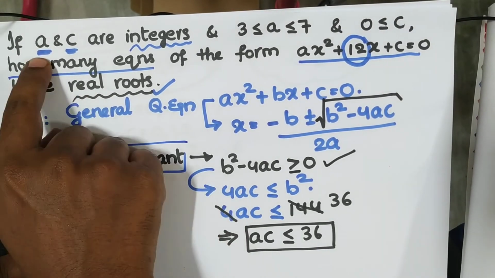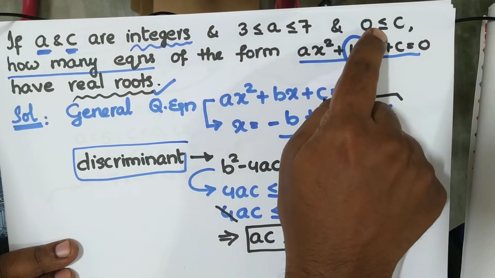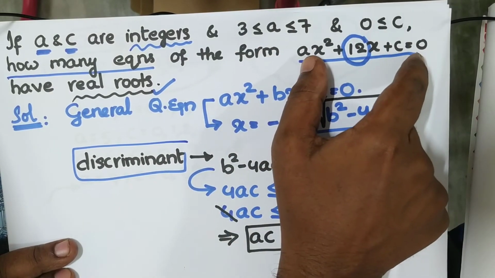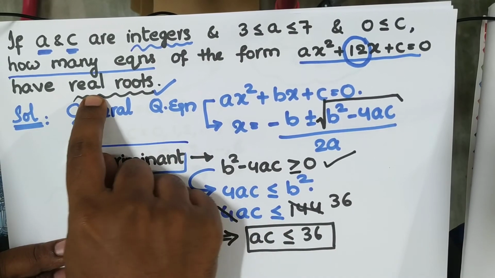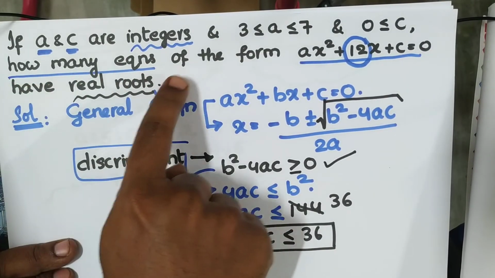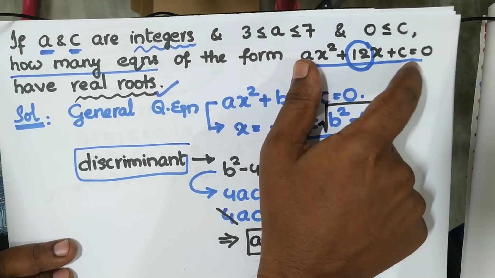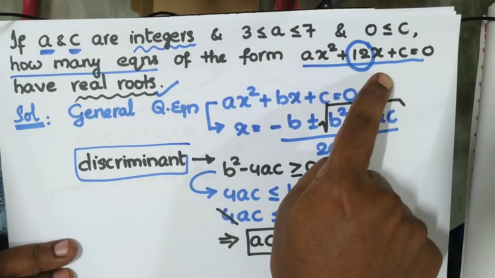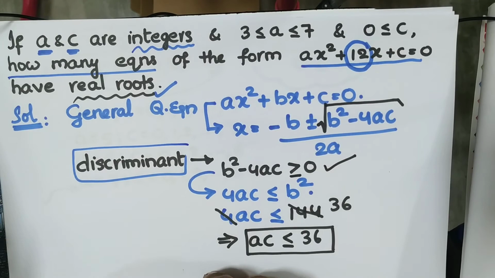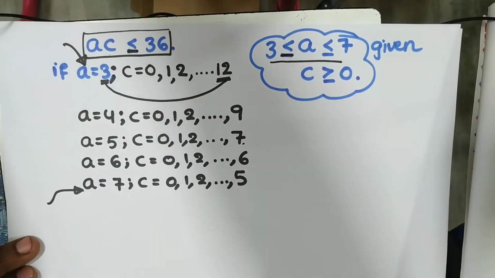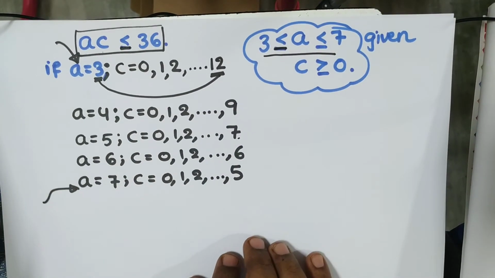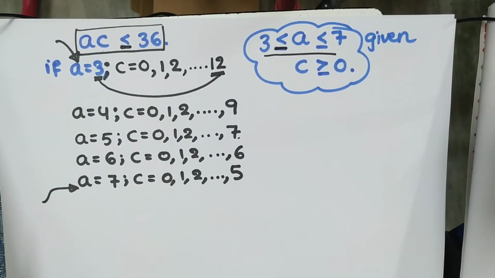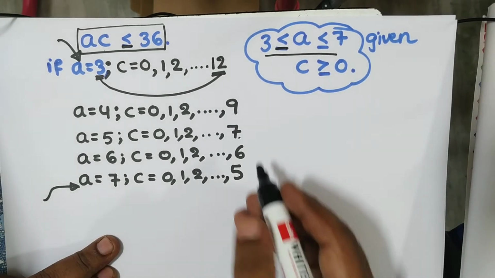A and C are integers, and A and C are like this, and given a quadratic equation like this, and we must always get real roots. The question is how many equations we can construct of this form. Okay, of this form. So let me welcome you again to this space. So put together, how many do we get now?